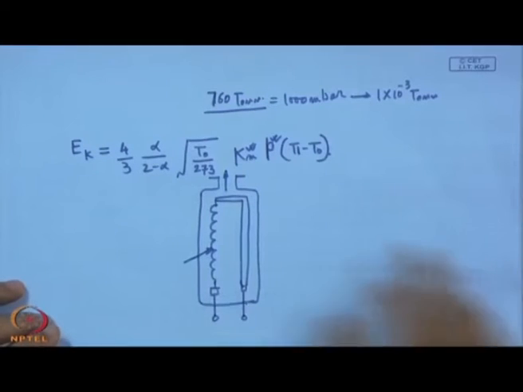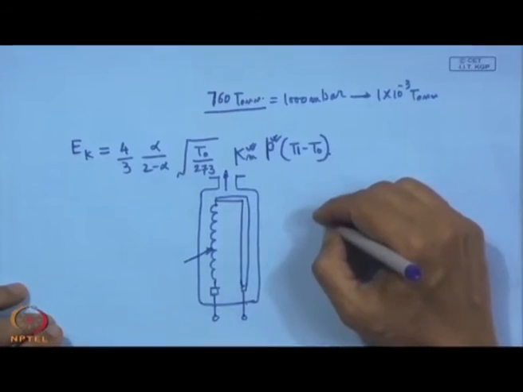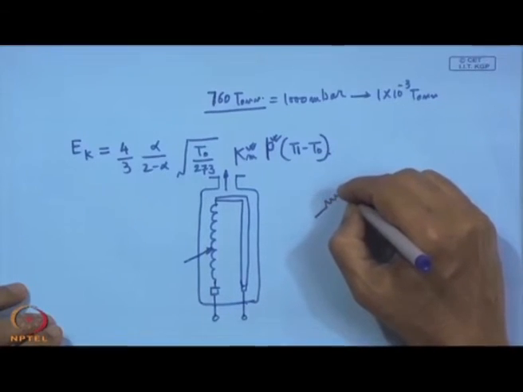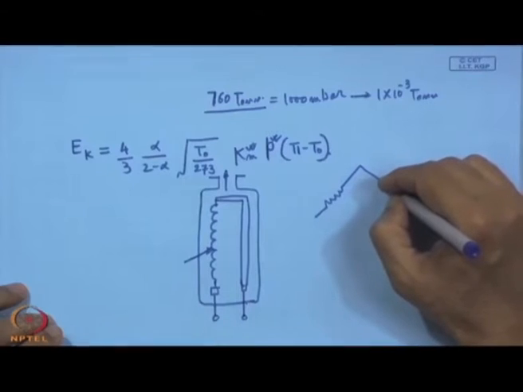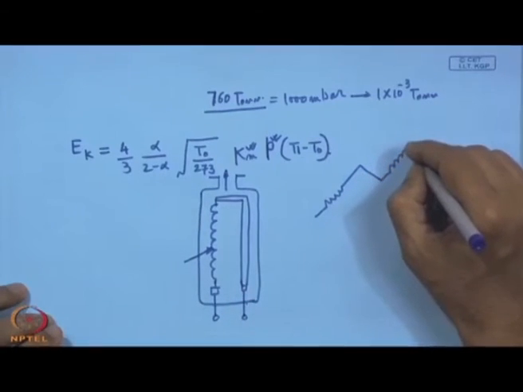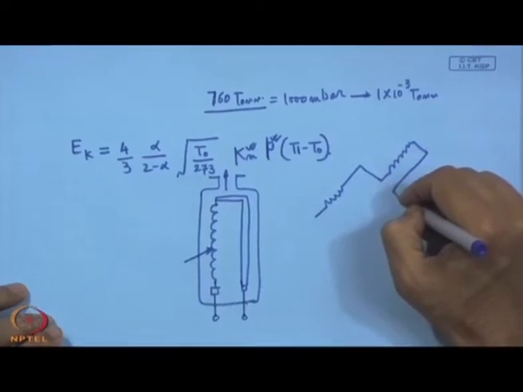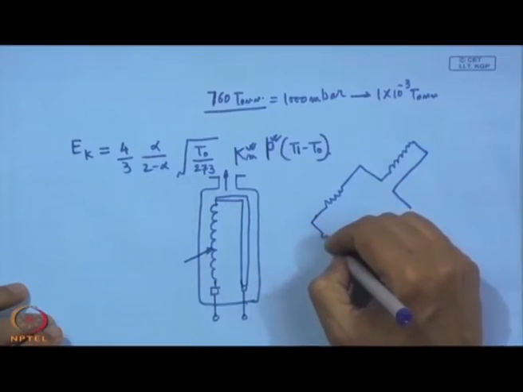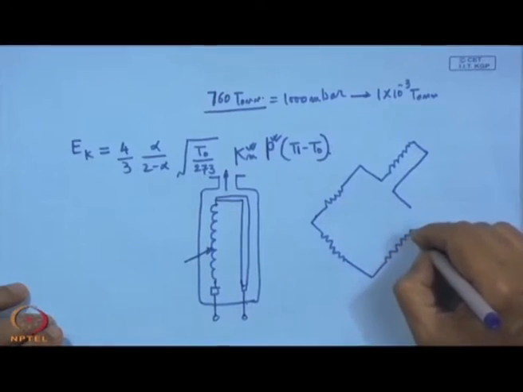Now, what is added to this? It is basically a Wheatstone bridge. So, this is one resistance, and this constitutes one arm of the Wheatstone bridge, and then we have another arm, the closing arm.